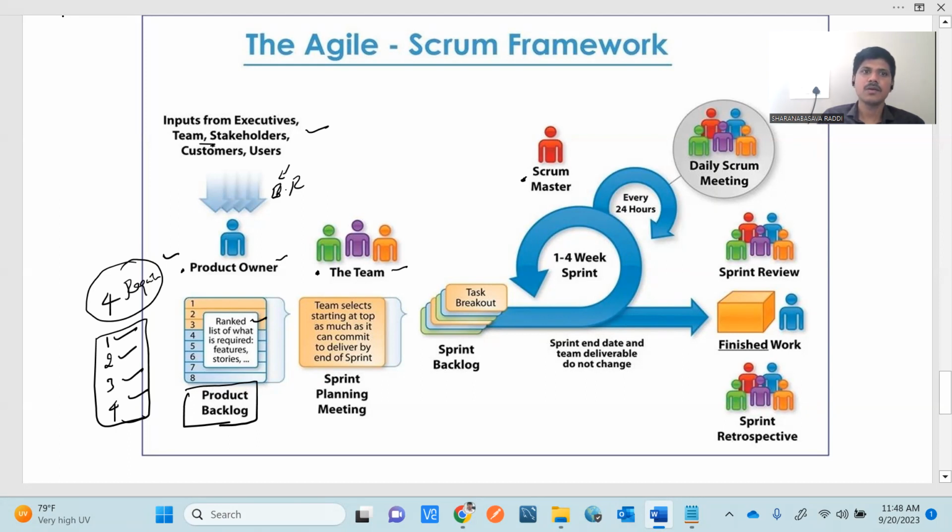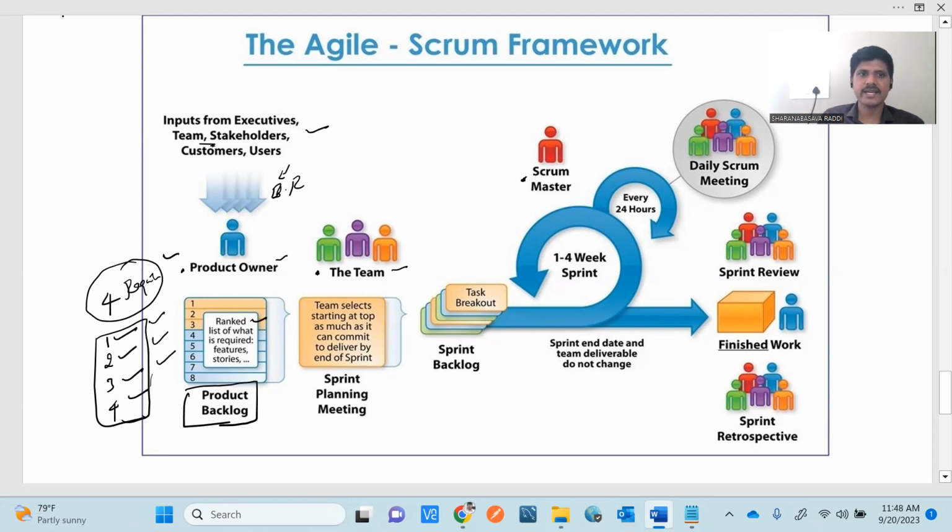Okay, so once product owner collects the requirements from the stakeholder or the client or the customer, he will try to analyze and go through those requirements and he will decide which requirements to be implemented first and which requirements to be implemented next and which requirement to be implemented afterwards.